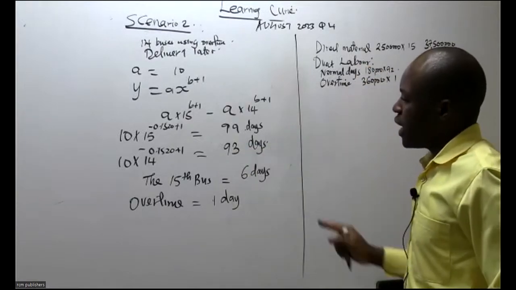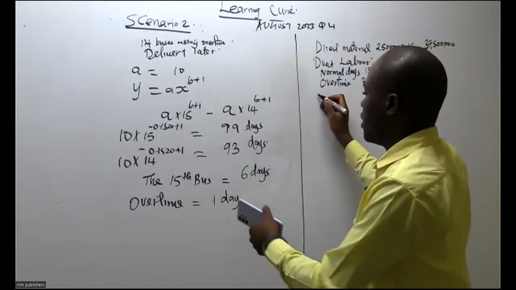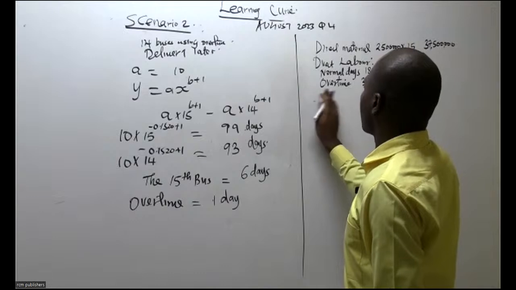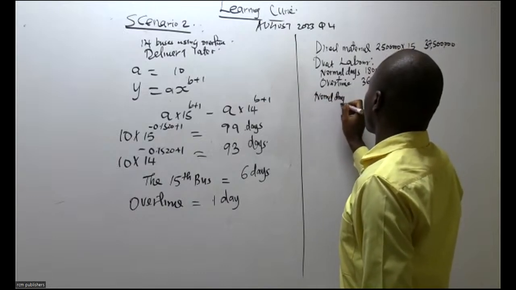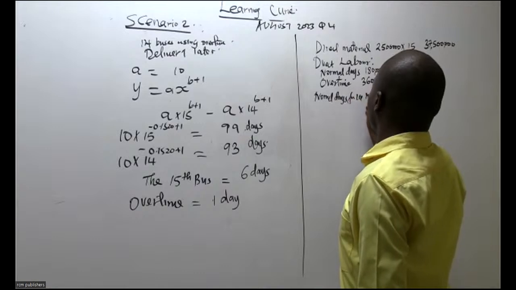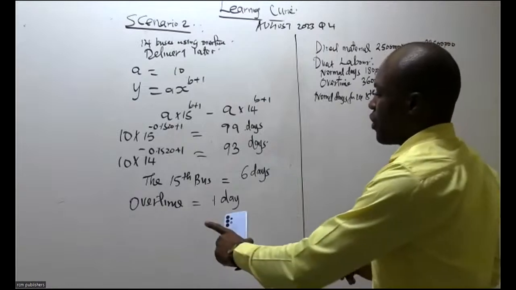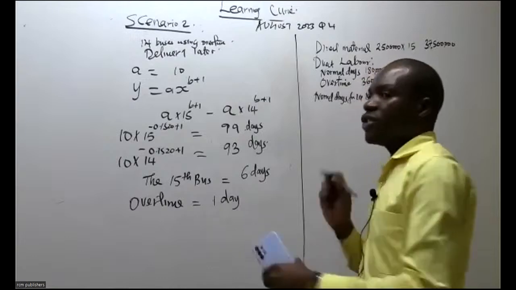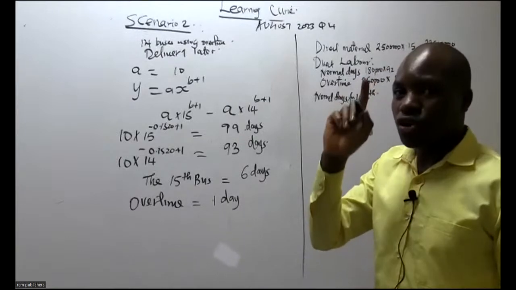Now, we need to get the time taken for producing the last, the 15th bus. Direct labor for normal days for the 15th bus, you are going to take how many days? 6. These 6 days are not overtime.